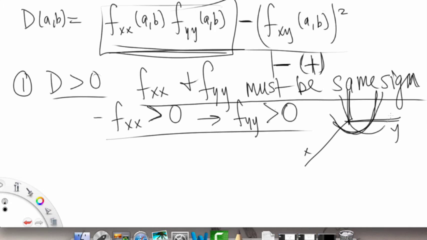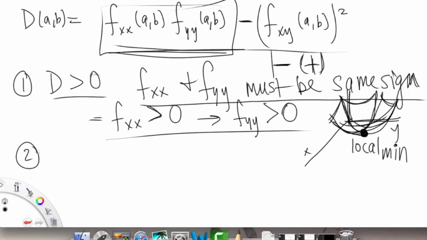Remember that? So we have something like a bowl shape going on, which means the point here must be a local minimum. Again, this is when our discriminant D is positive, and our fxx and fyy are both positive.